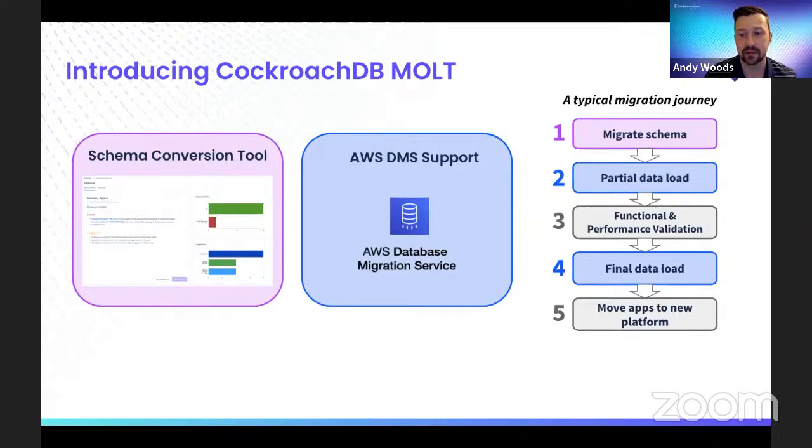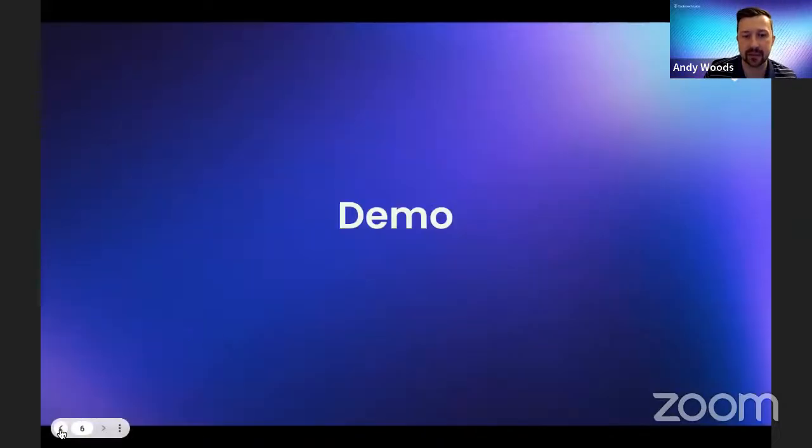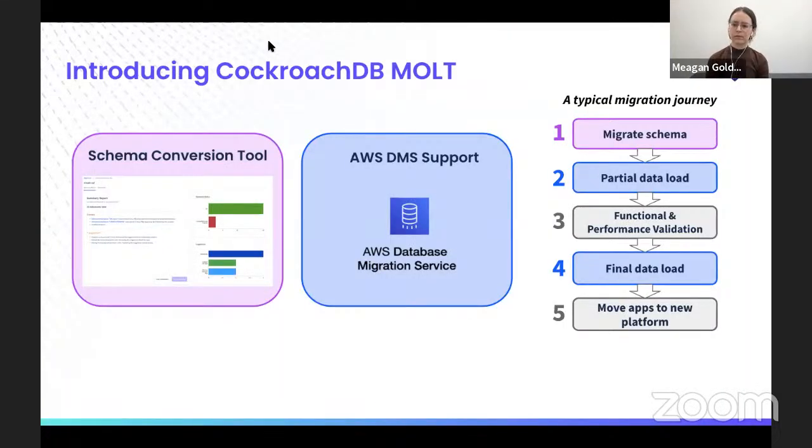So we want you to get good experiences. We provide suggestions and recommendations as a part of this process to help show you how to make your workload better or more successful with Cockroach. On the right side of this slide, you can see that purple box around migrate schema. That's the first place to start. And then as you continue down the migration journey, we're continuing to tackle these capabilities.